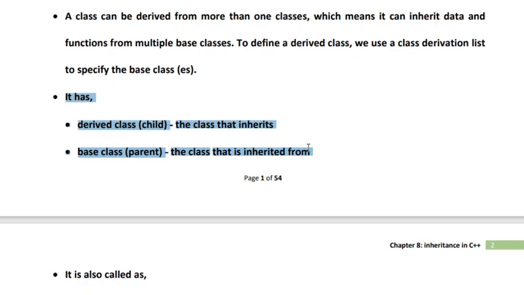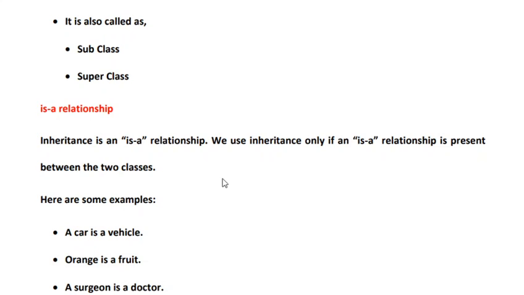The derived class or child class is a class that tries to inherit properties from other classes, whereas the parent class or base class is a class from where the properties are inherited. Alternatively, in some literature, you may also find base class and derived class being referred to as superclass and subclass. So, base class is also called superclass, whereas derived class is also called subclass.